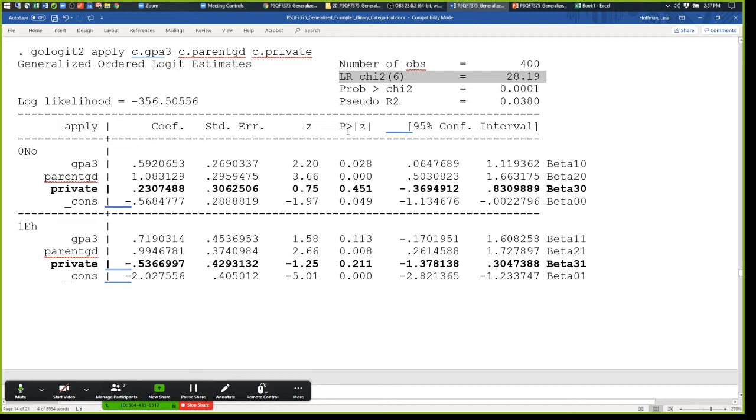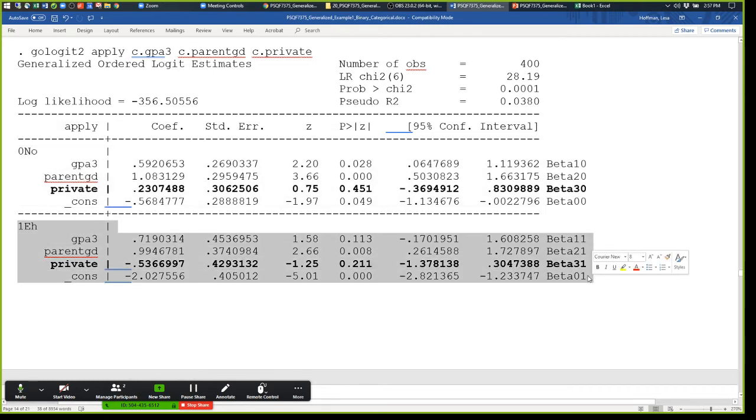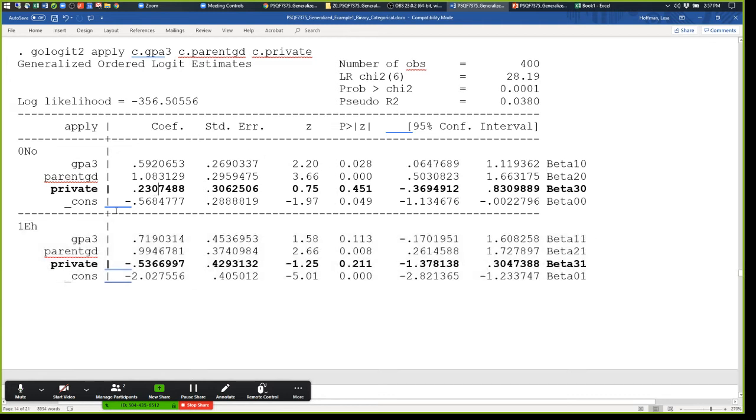The first set of output, I have Stata output here. This is the slope for each submodel. Stata labels them differently than SAS does. This is the submodel of 0 versus something higher than 0. This is the submodel of 0, 1 versus 2. They put the intercept at the end, which is different than SAS, but otherwise we've got these two numbers here, for instance. Let's look at those.